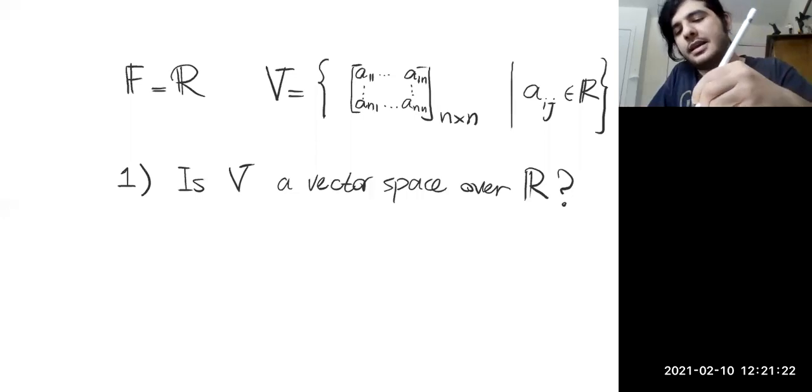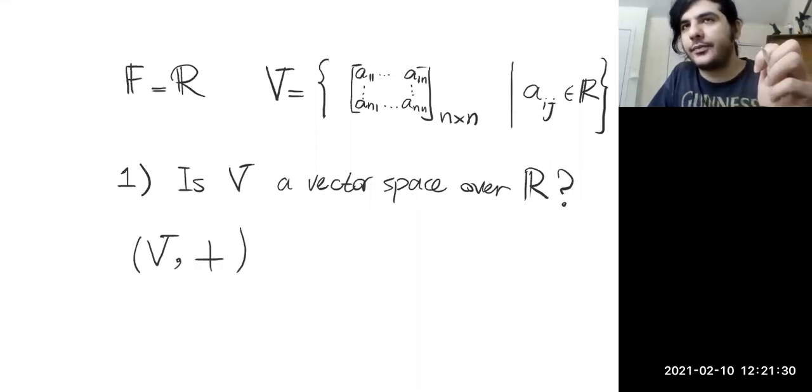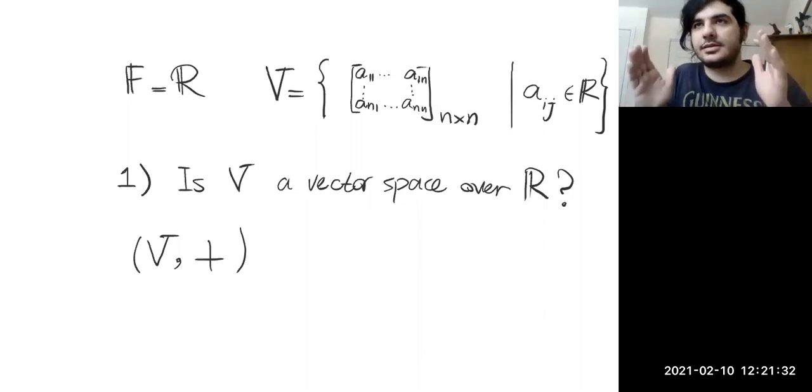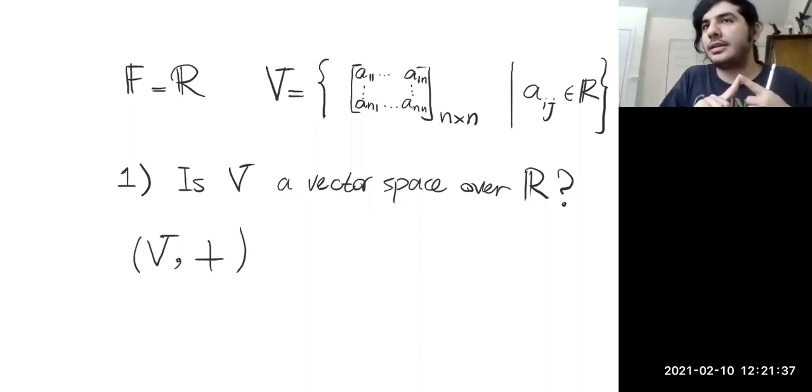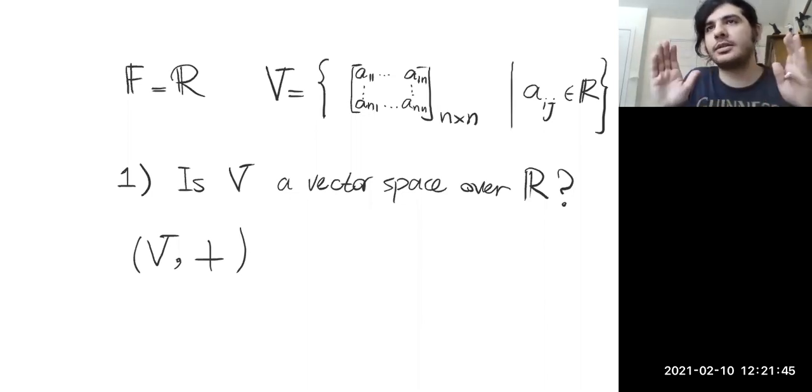So here when I say is V a vector space over R, by that I mean V with this addition of matrices, which I defined here. Is this pair a vector space over R? At this point, there is no multiplication. We necessarily don't have multiplication of two vectors. We only want their sum.